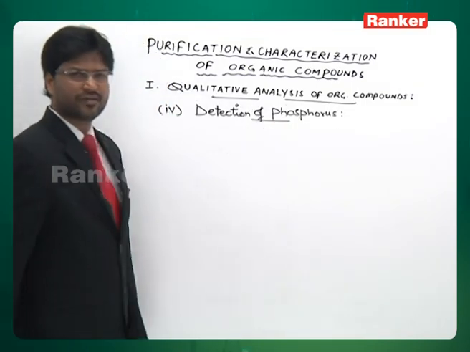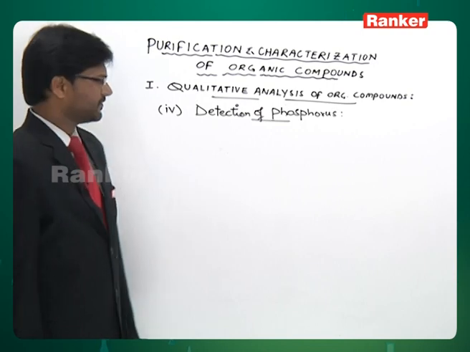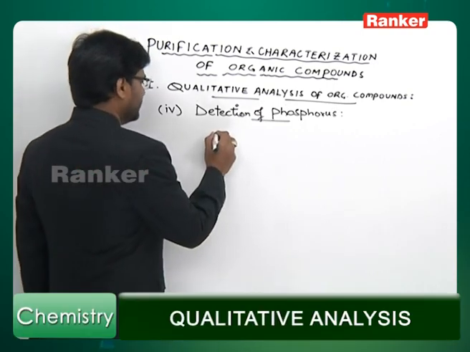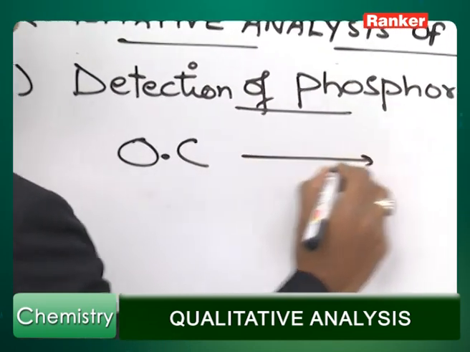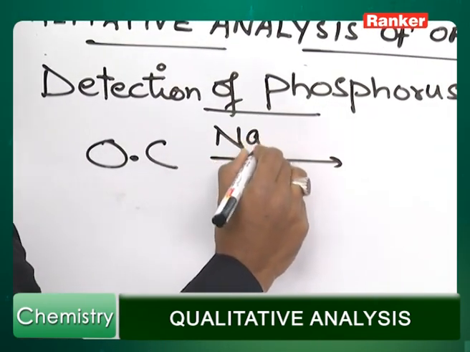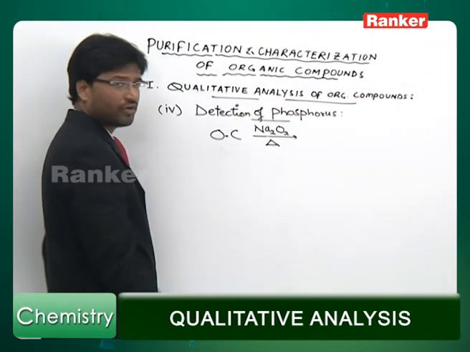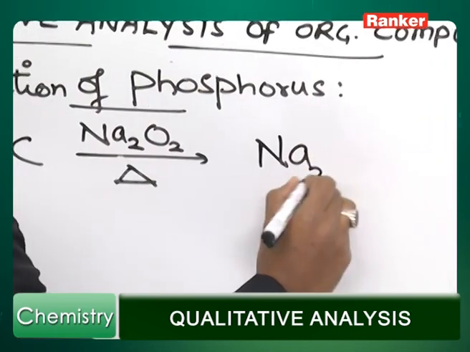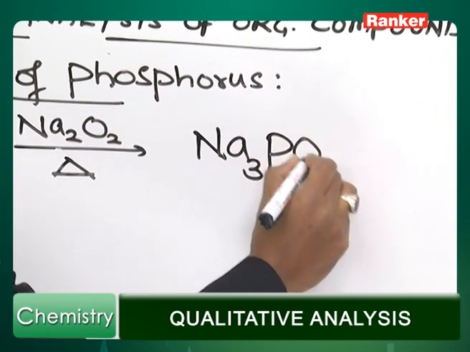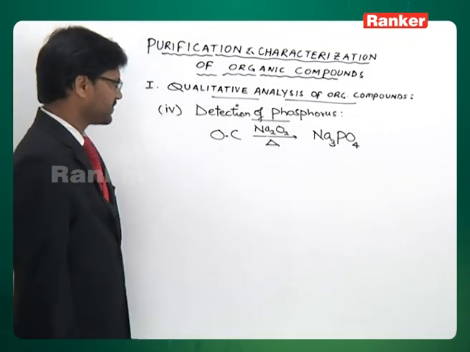The next element we are going to learn its detection is phosphorus, detection of phosphorus. Here, organic compound is heated with an oxidizing agent like sodium peroxide. All the phosphorus present in the organic compound is oxidized to phosphate and it appears as Na3PO4.